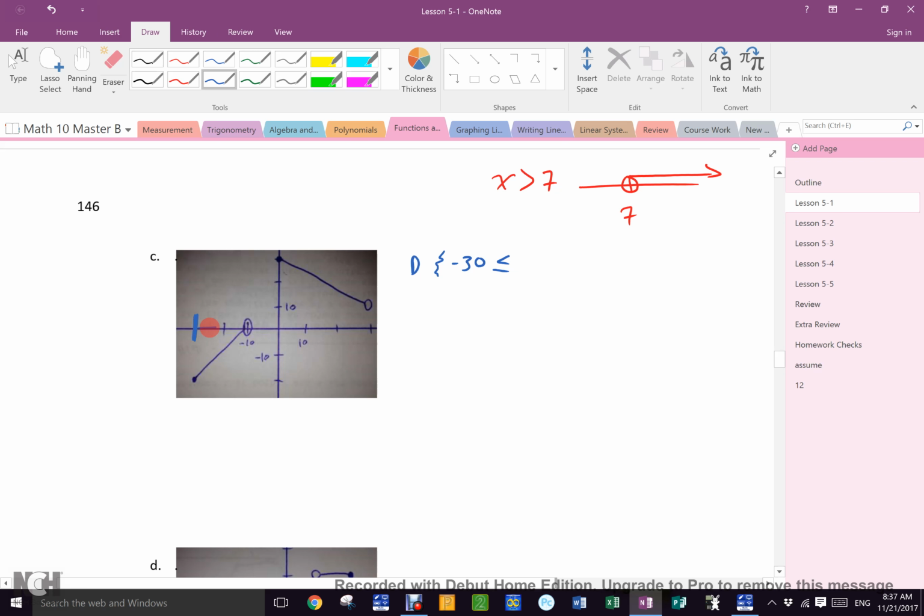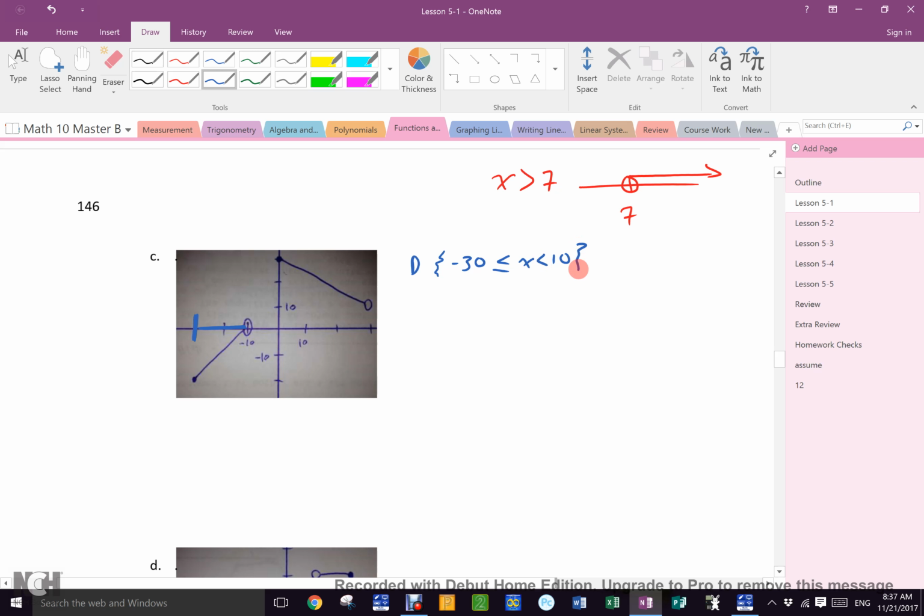And then we follow along until we get to the end of the line. And it ends right there, doesn't it? Is that open or a closed dot? Open. So is negative 10 included? No. So can we use this equal sign? No. We have to use a regular less than 10. Does everyone see that?